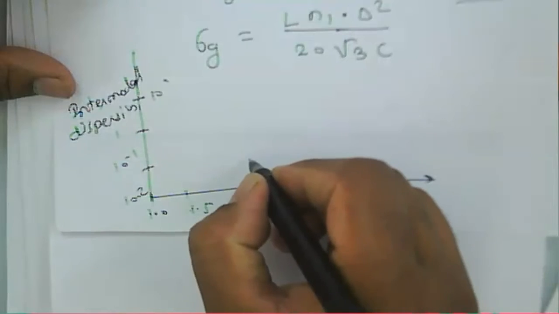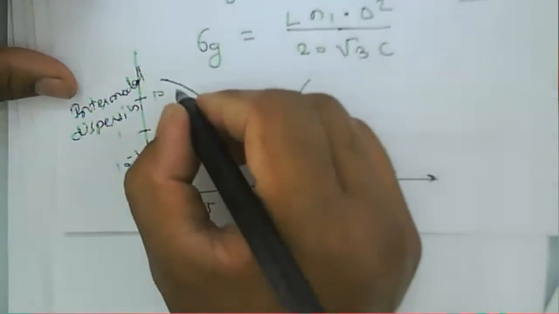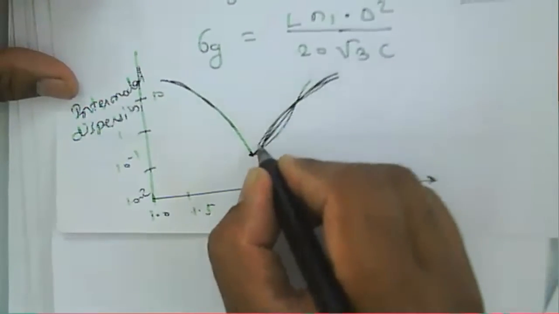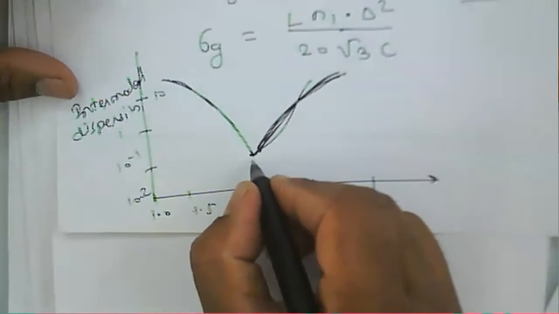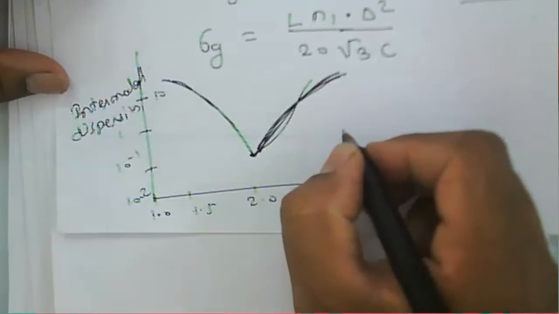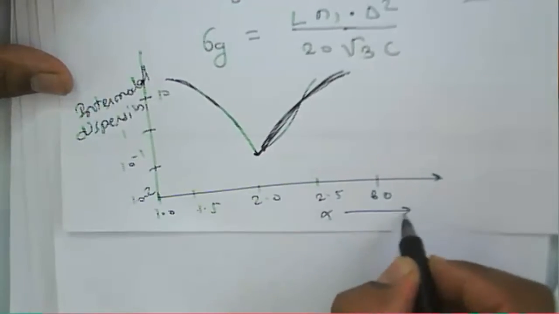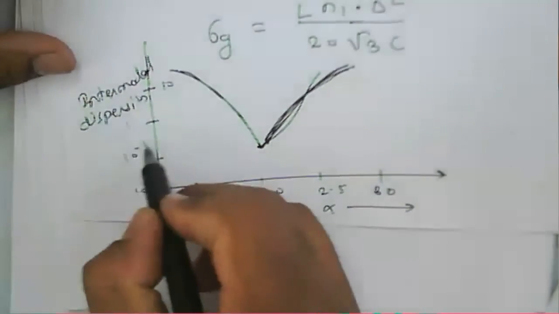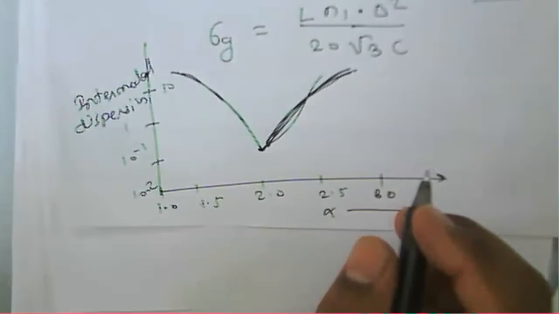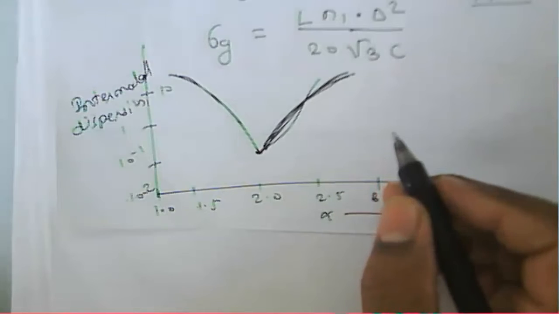So if you compare here, at this profile, alpha equal to 2, means the gradient index profile will be a parabolic one. Then in that case the intermodal dispersion will be small, means pulse broadening will be small at the profile of alpha equal to 2.